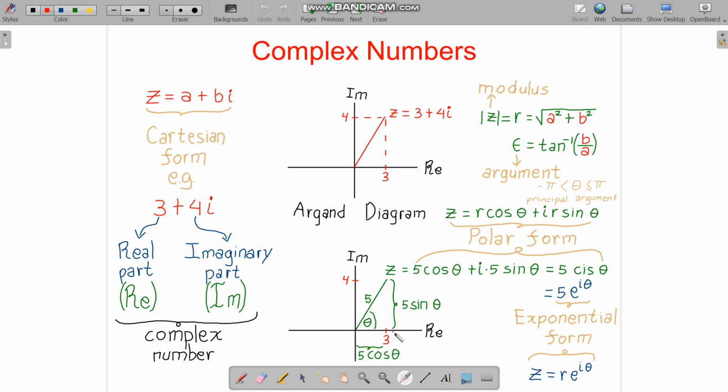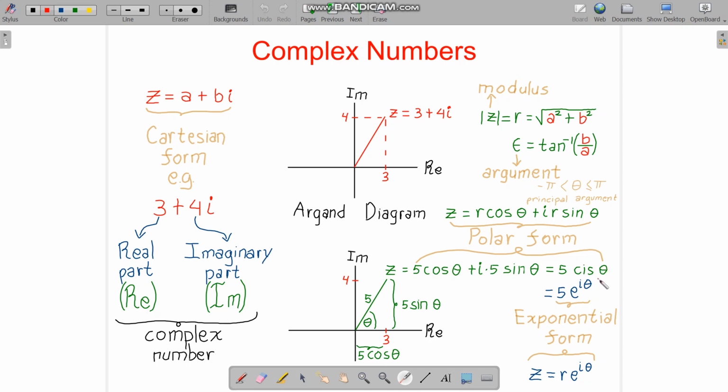So we can express the same complex number using 5 cos theta plus i times 5 sine theta. Cos plus i sine can be shortened into cis, so 5 cis theta. This is called the polar form. This is the general form, and we can also use something called the exponential form.